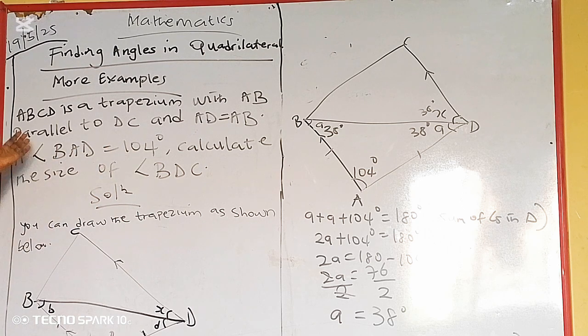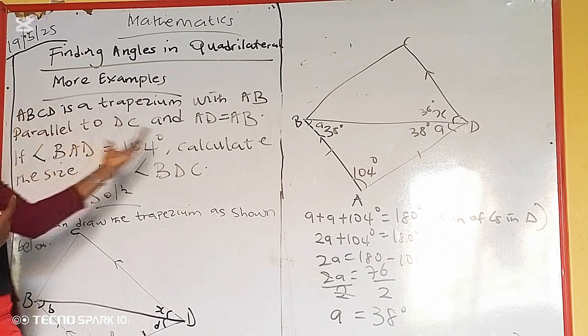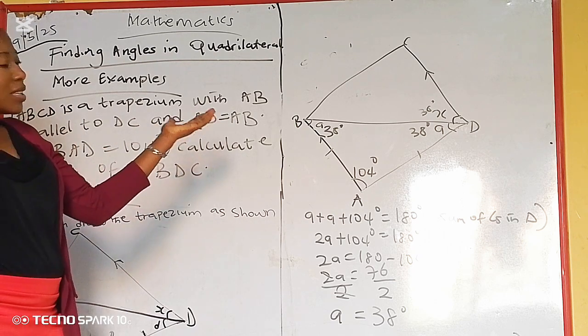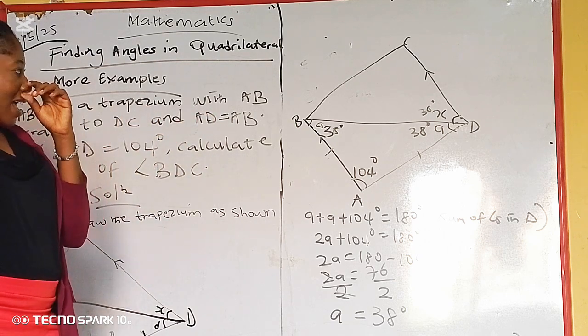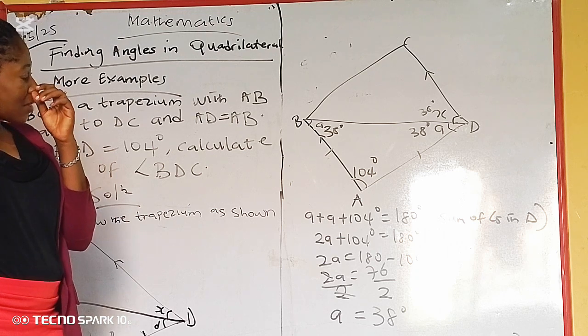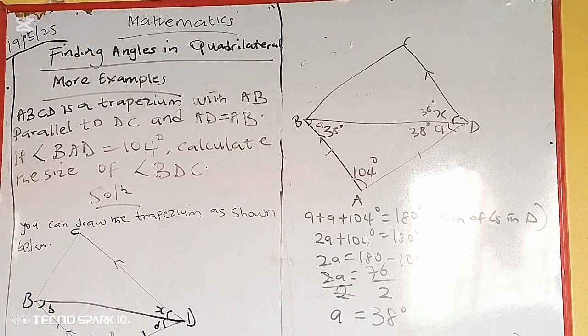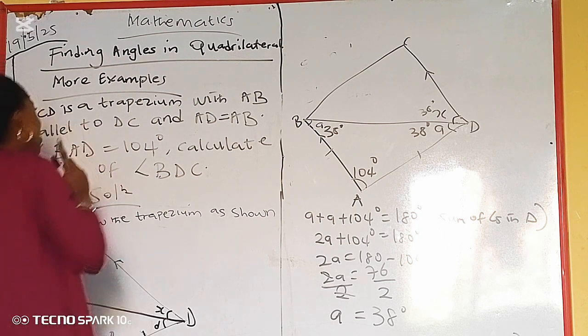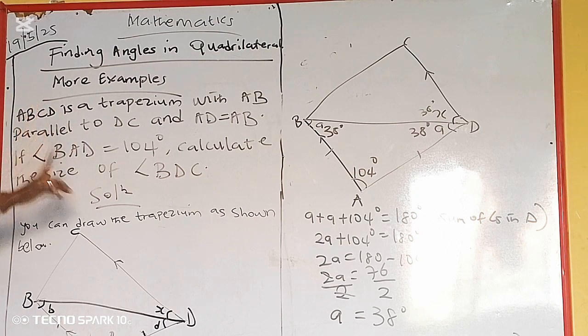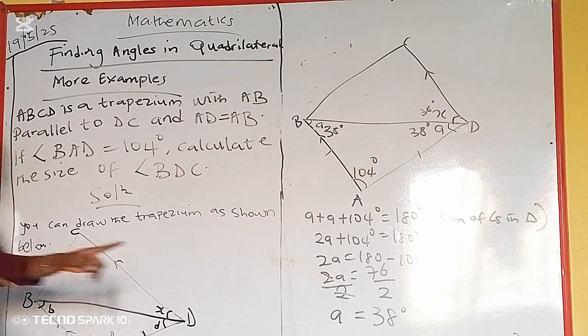We followed it from there. We said ABCD is a trapezium. Does this look like a trapezium first of all? Yes, it looks like a trapezium. Okay, it says so. And in describing this trapezium, AB is parallel to DC.